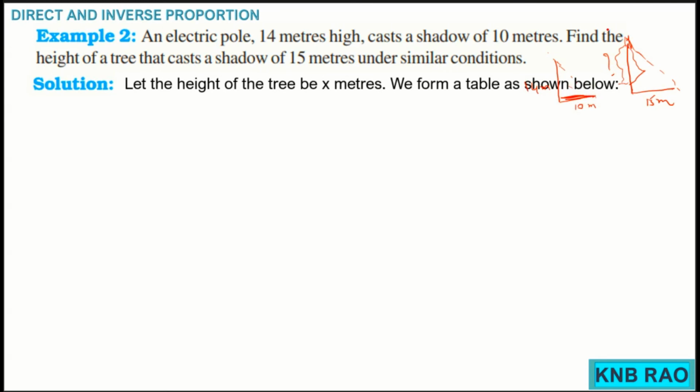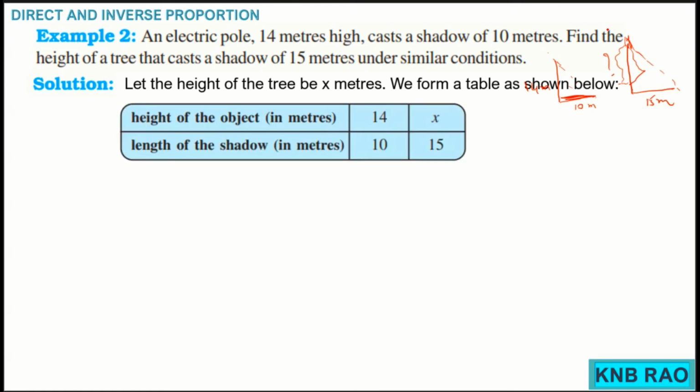We form a table as shown below, where the height of the object in meters is taken and the length of the shadow in meters is taken. Here the height of the object in meters becomes the x variable, and the length of the shadow in meters becomes the y variable.